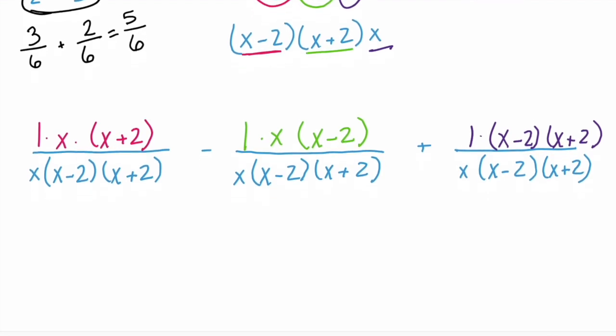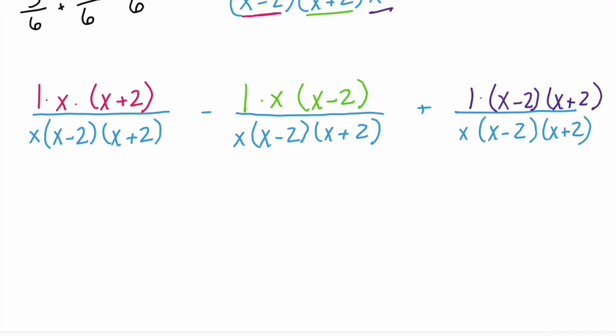Now, in order to be able to combine these numerators, we need to distribute and get rid of all of the parentheses in the numerators. So we'll work through each fraction individually, and then we'll combine them. Well, 1 times x is just x for the first numerator.